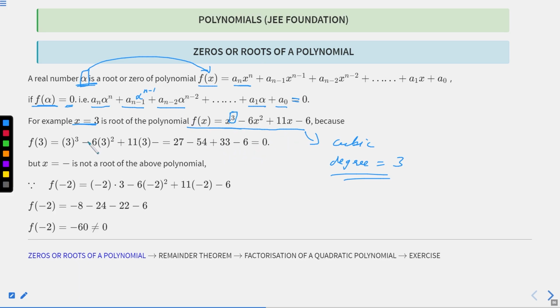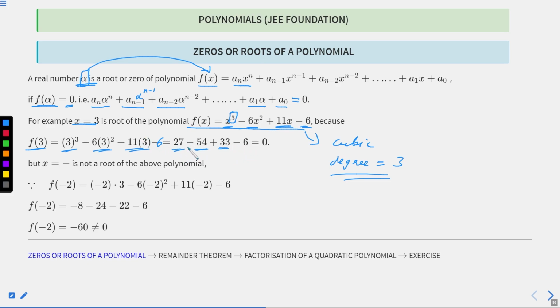Now by putting x equals 3, I will get f(3), which is 3 cube minus 6 times 3 square plus 11 times 3 minus 6. Now just simplify it. 3 cube means 27, 6 times 3 square is 6 times 9, which is 54, plus 33 minus 6.